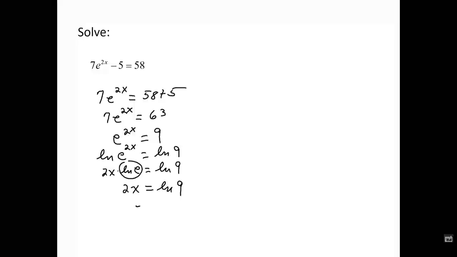Solving for x, we have x is equal to the natural log of 9 divided by 2. Or, if you use your calculator to get a numerical approximation, the natural log of 9 divided by 2 is approximately 1.10.